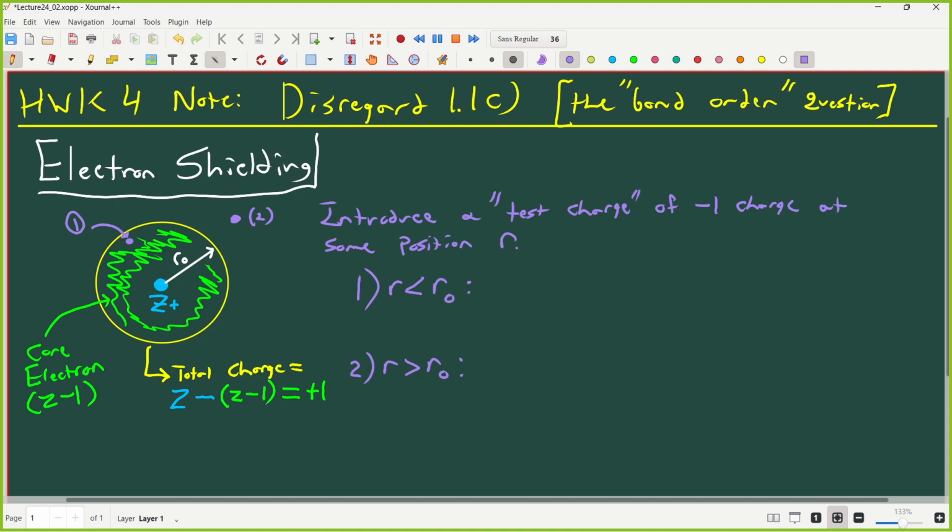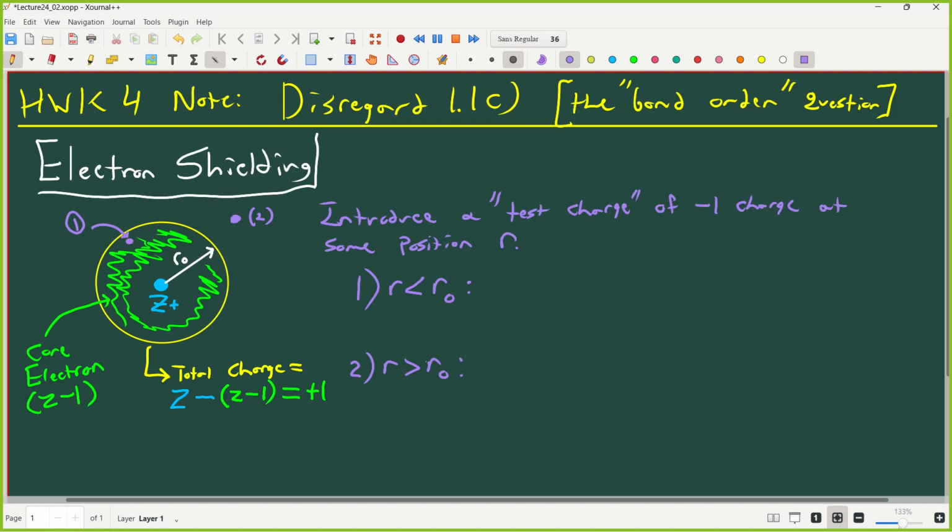So let's do the easy one first. Let's do r greater than r naught. So it's far outside. Now again, the electron's not an object, it's just a point in space, but imagine you can stand on an electron and monitor what it feels. What force does it feel? Well, from that distance, when it looks at the core, at the system, it just sees a giant ball of charge of approximately charge 1.